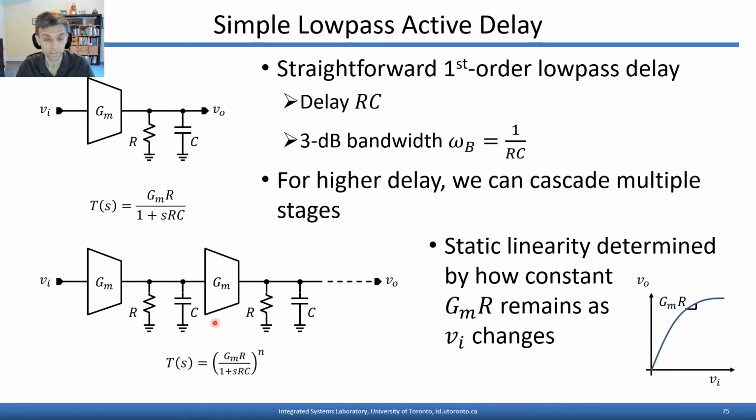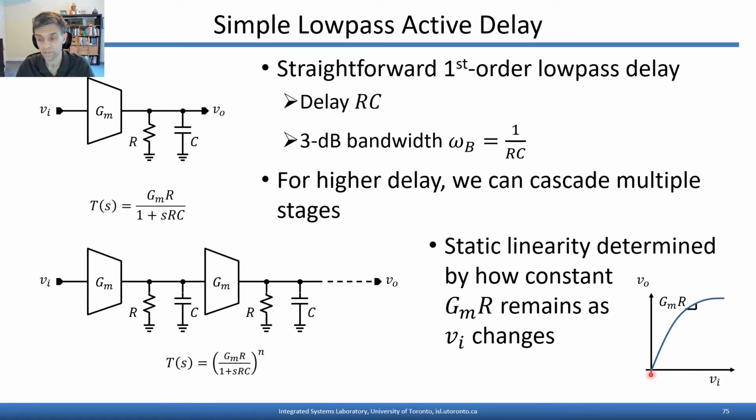Now we mentioned before that GMC circuits' main limitation is going to be their limited linearity. If we focus on the static nonlinearity here, we can think of it as being determined by how constant the product GM times R, that's essentially the gain of this circuit, remains as the input voltage changes or swings.